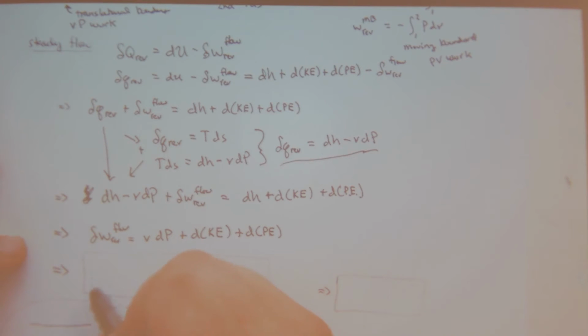Or I can write it as work reversible for flow, and just integrate both sides, equals the integral from 1 to 2 of V dP. And now because I integrated both sides, this just ends up being a delta kinetic energy and a big delta potential energy.